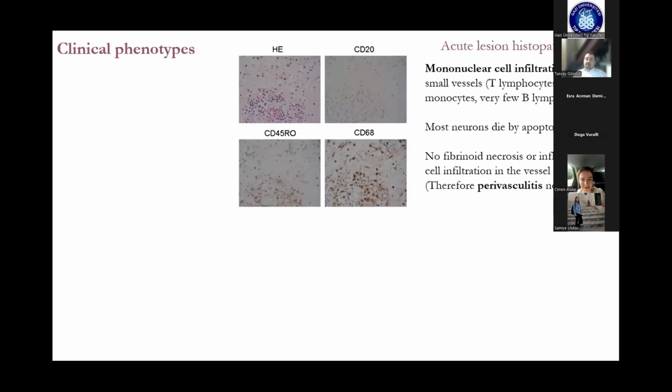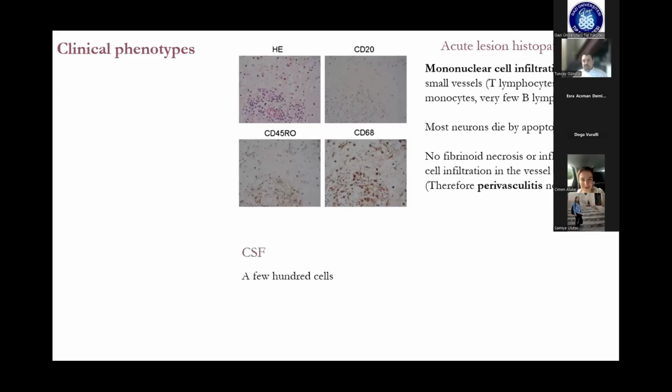In some resources, some papers, vasculitis is mentioned, but we say it is not vasculitis, it is perivasculitis. So the inflammation is mainly seen around the vascular structures, not in the walls of the vessels.